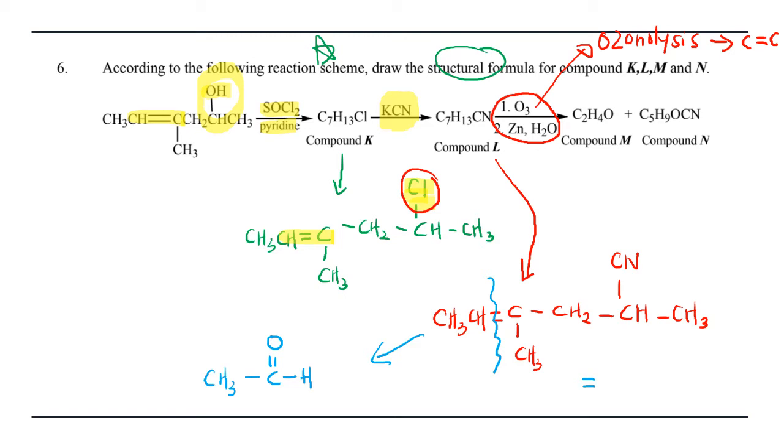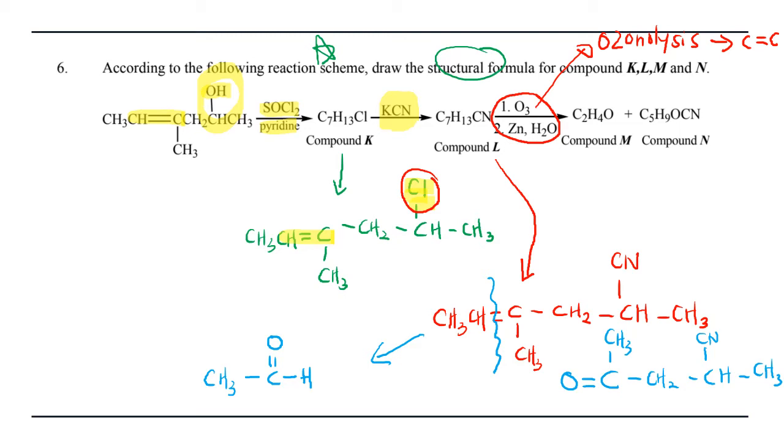For the other one, double bond, and then we have CH3, CH2, CH, CN, and over here is CH3. So we just add the oxygen next to the carbon-carbon double bond.